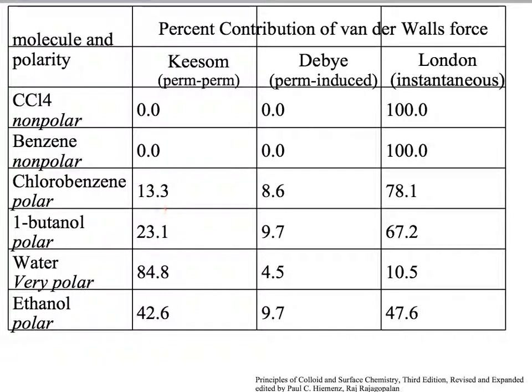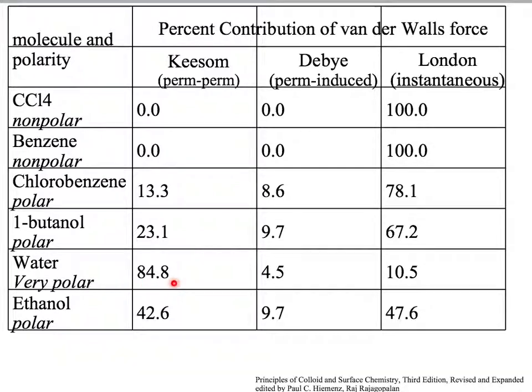Only 13% from that permanent dipole of the Keesom. Butanol, still, only about a quarter of that interaction between those two alcohols is dominated by the permanent dipole Keesom force. And then as I look at water here, water's a little different. Look at this. Water is 84% of my Keesom interactions.